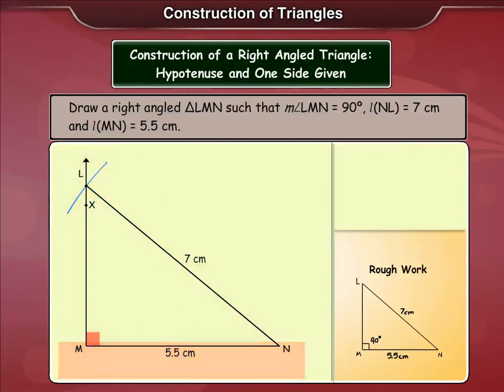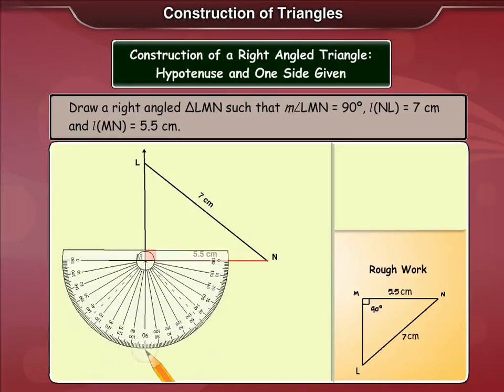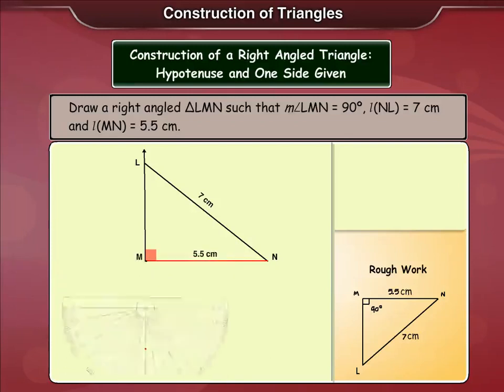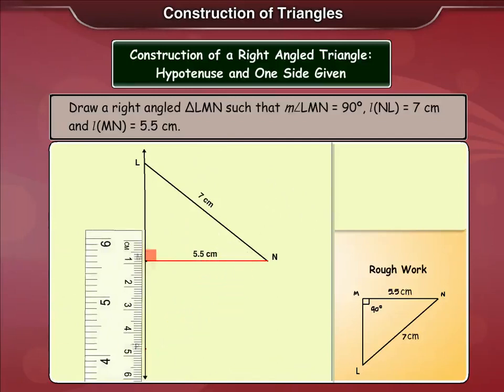Now, let's write the measure of the angle and the lengths of the hypotenuse and the given side in the rough diagram. We have to construct triangle UVW such that angle UVW is 90 degrees. The length of the hypotenuse, side WU, is 5 centimeters. And the length of side VW is 4 centimeters.